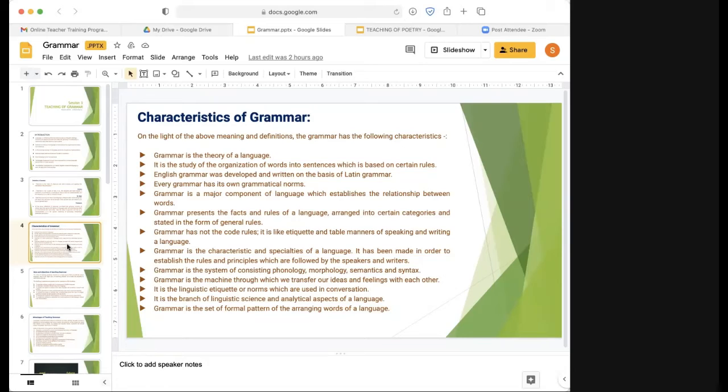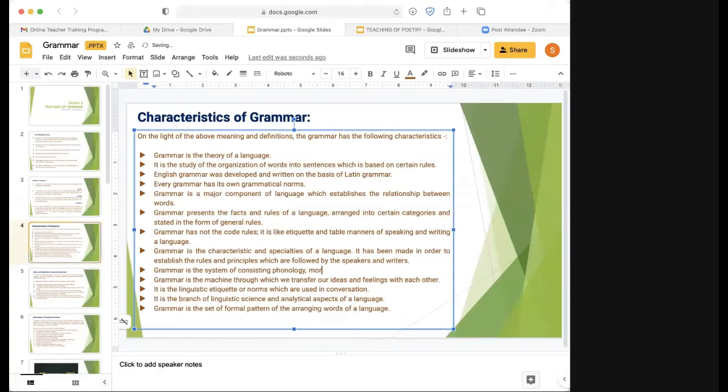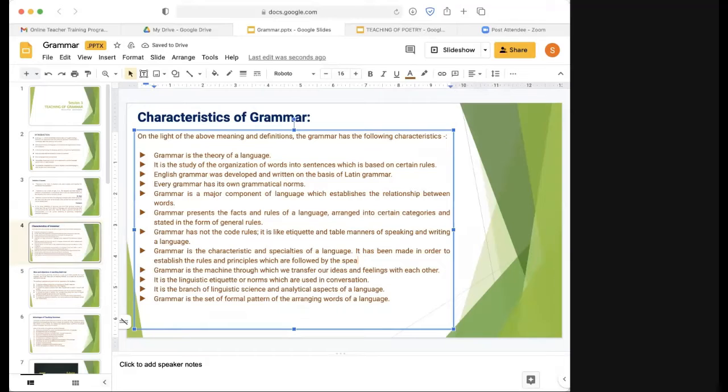Grammar is the machine through which we transfer our ideas and feelings to each other. It is the linguistic ethic or norms which are used in conversation. It is the branch of linguistic science and analytical aspects of a language. Grammar is the set of formal patterns of arranging words of a language.